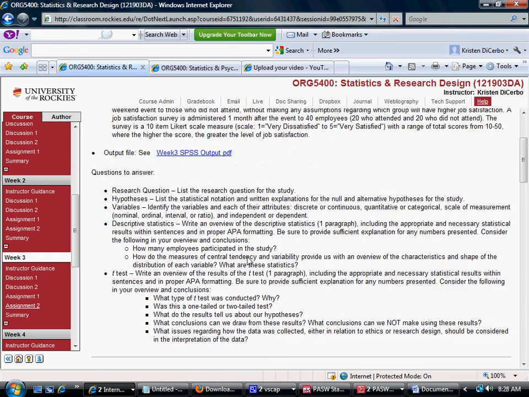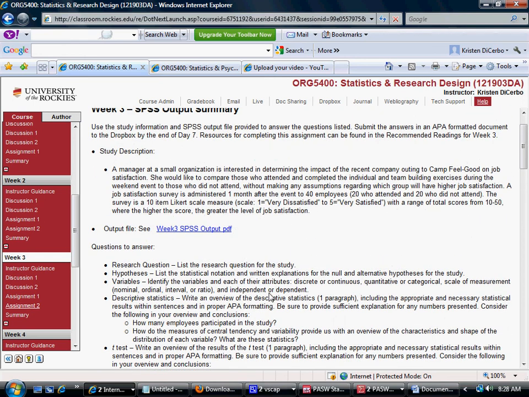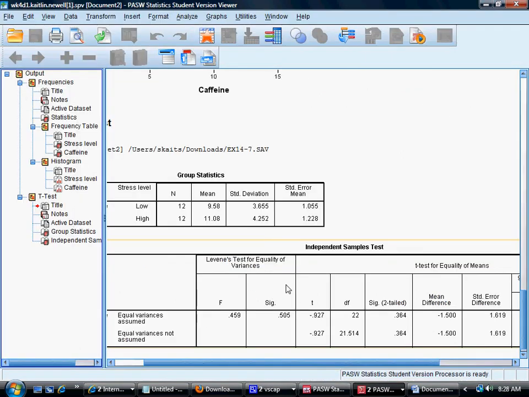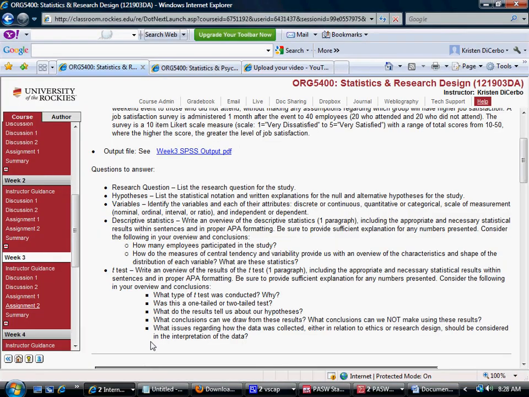The key is to look and figure out if you're asking just whether satisfaction is different, in which case it could be higher or lower, and you would run a two-tailed test. And you can also tell right here, it says two-tailed. That's going to tell you which one was run for your particular test. So you're going to look in your output and figure out whether a one-tailed or a two-tailed test was run.